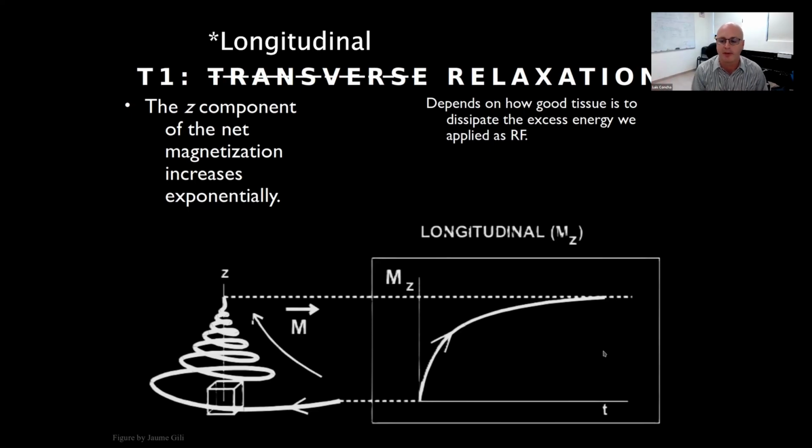For example, the cerebrospinal fluid in the brain has a very slow relaxation rate. Fat, again, will display a very quick relaxation, and water will have a slow relaxation. It is these differences in relaxations that will provide the contrast, or one of the contrast mechanisms in our images.